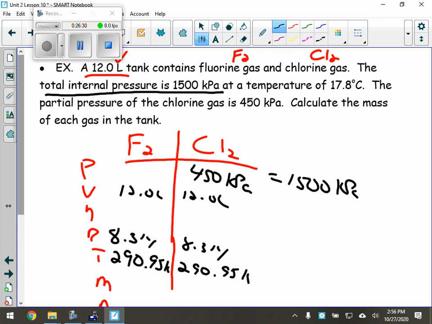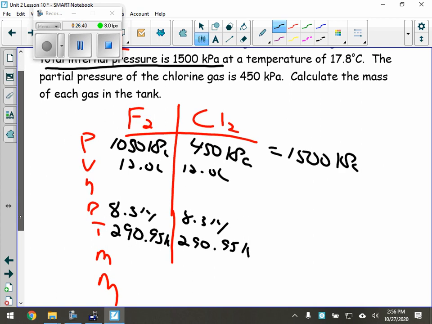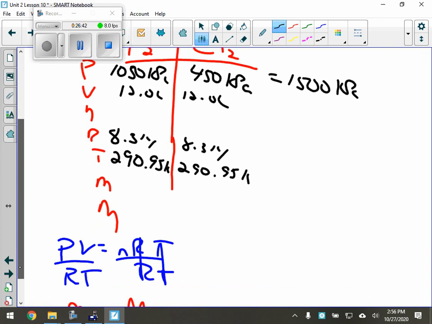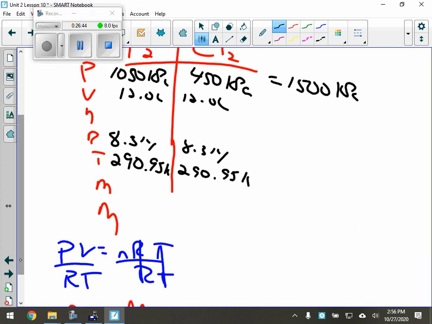And by default, of course, we know that this has to be 1050 here, because 1050 and 450 gives me 1,500 when I add them together. And I could probably figure out the molar mass as well. This would be 38 grams per mole, and this would be 70.90 grams per mole.